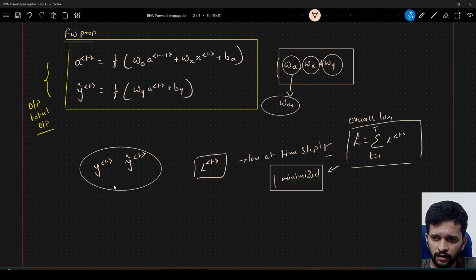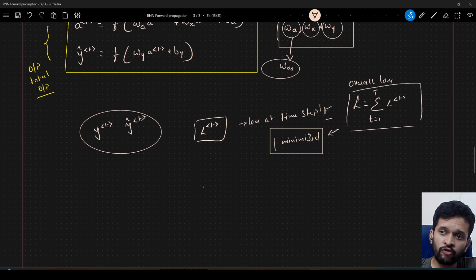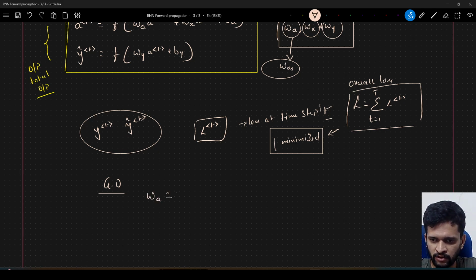Now, how do we update these weights? It's the same process. If we take gradient descent as our algorithm, we update the weights as Wa equals Wa minus alpha into dL by dWa. This alpha is our learning rate.